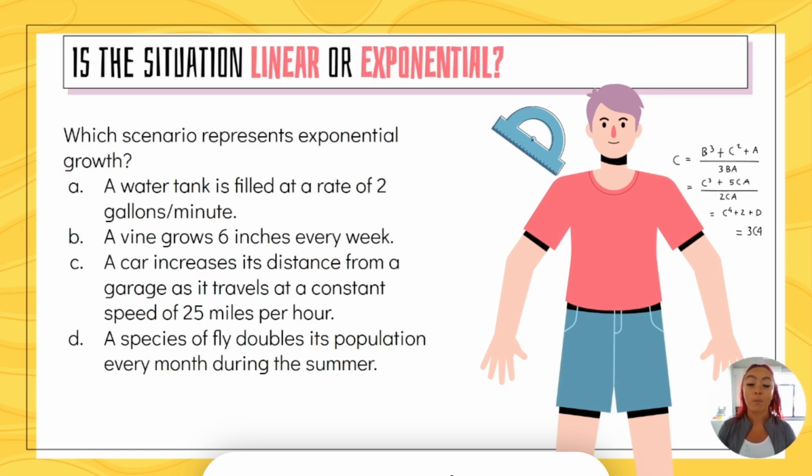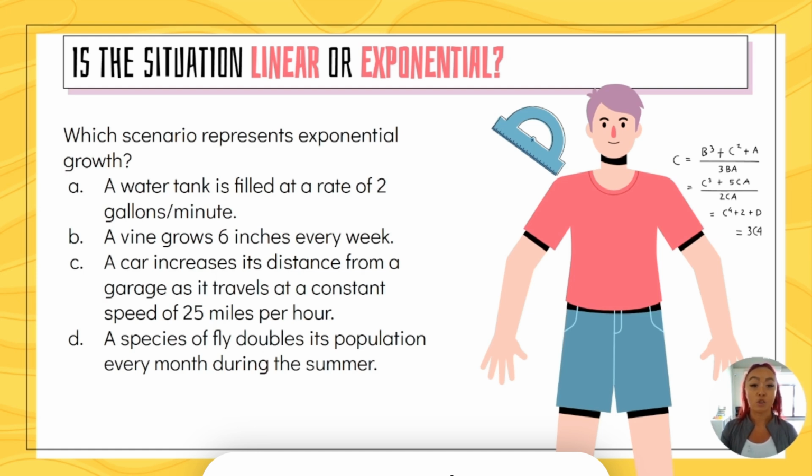Which scenario represents exponential growth? Again, let's go through each option and see what we think. A says a water tank is filled at a rate of 2 gallons per minute. So 2 gallons per minute is a constant rate of change, so that would be linear. B says a vine grows 6 inches every week.